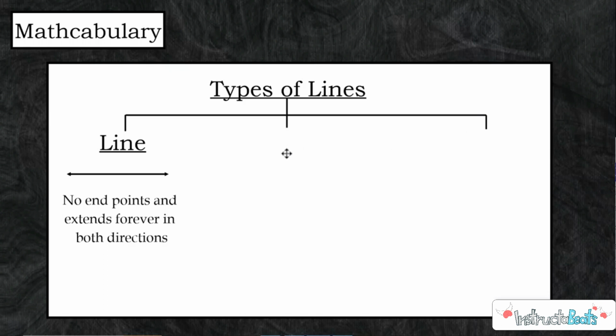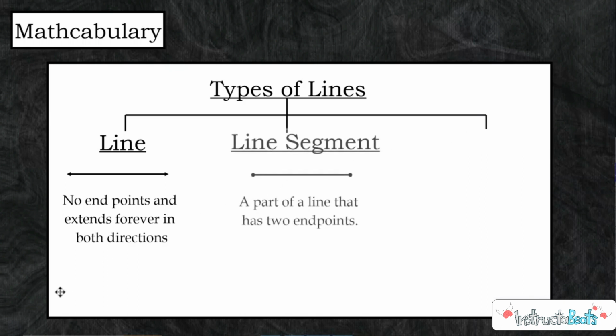Which leads us to our next type of line, a line segment. A line segment is a part of a line that has two endpoints. You can see these dots right here, which signify that the line is going to stop right there at those endpoints. This is important because most things in the world are line segments.